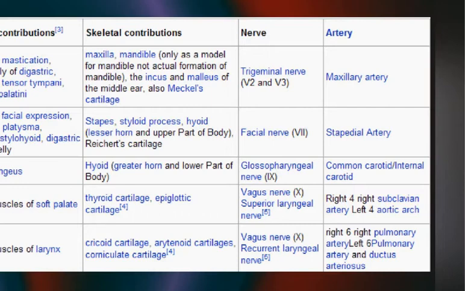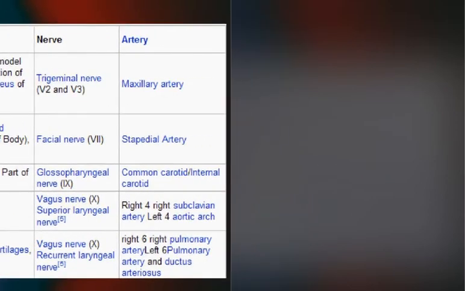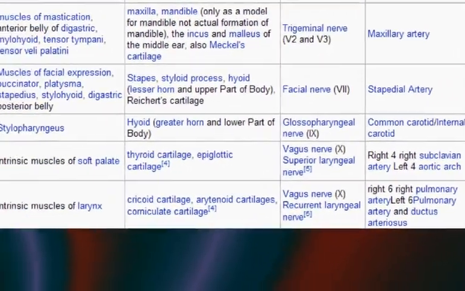Parts of it derived from the second arch and the remainder from the third arch. Nerve supply of the third arch, glossopharyngeal nerve, which is the 9th cranial nerve. Blood supply from common carotid and internal carotid arteries.